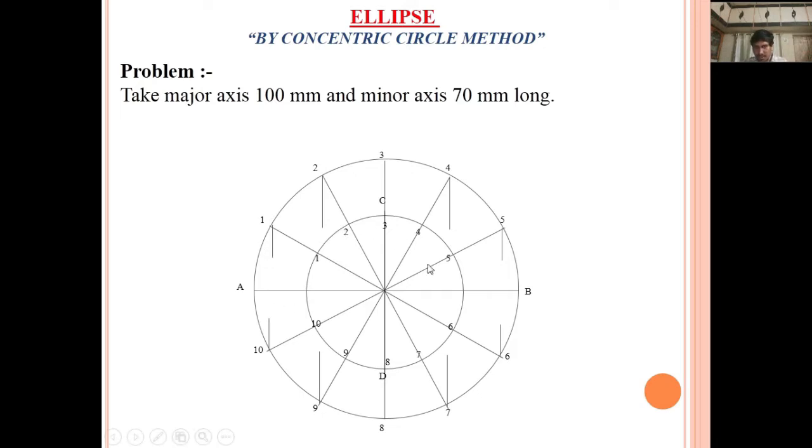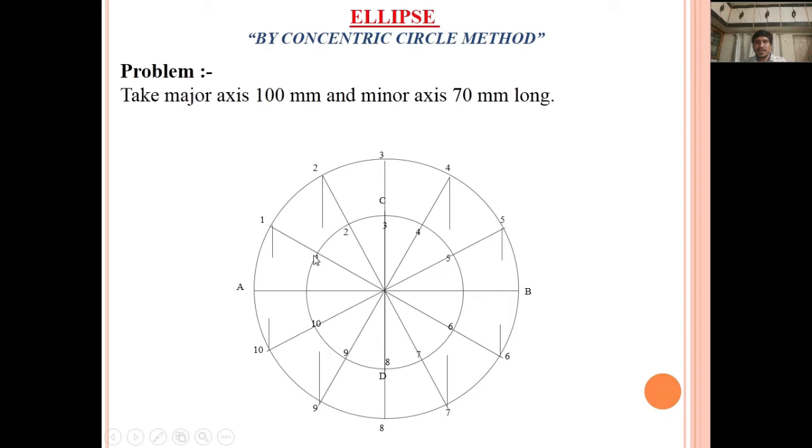Now the inner circle diameter is also divided into the same number of equal parts as the outer circle. Now we join this vertical line to the inner circle divided points 1, 2, 3, 4, 5, 6, 7, 8, 9, 10.